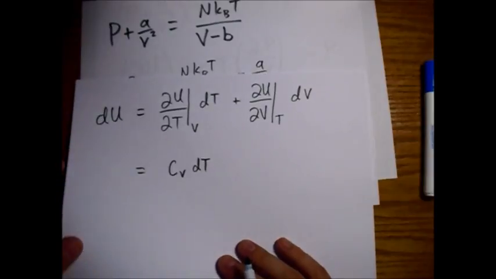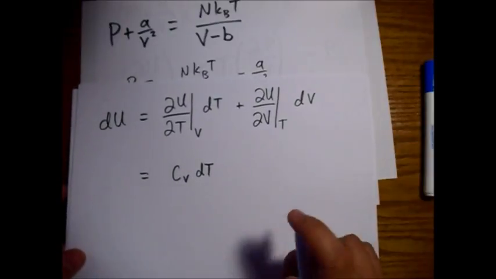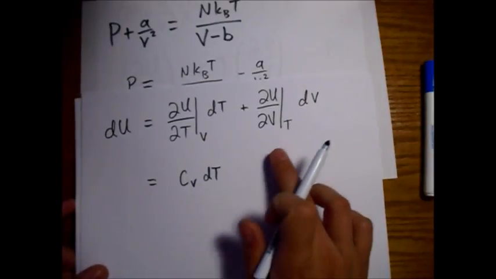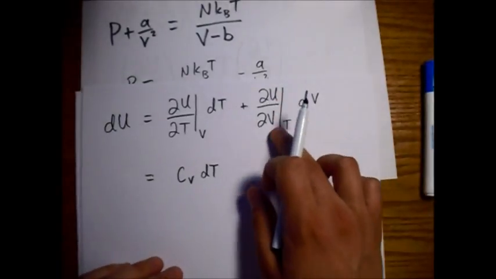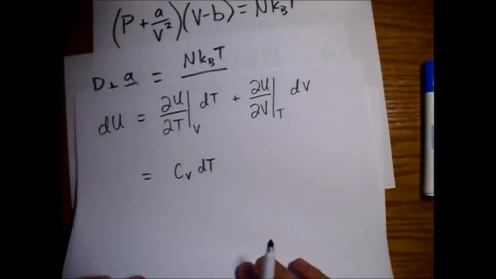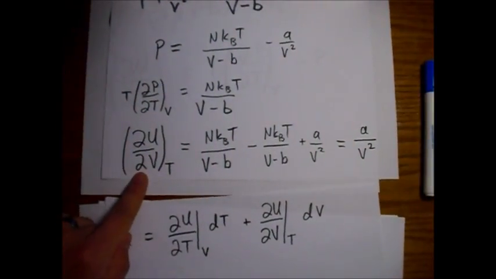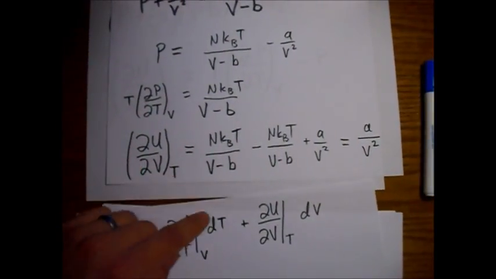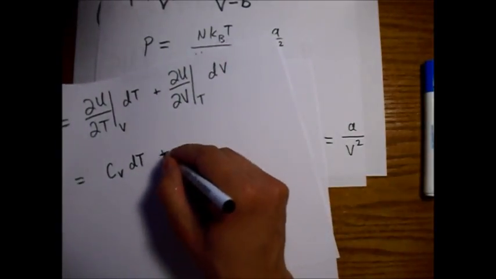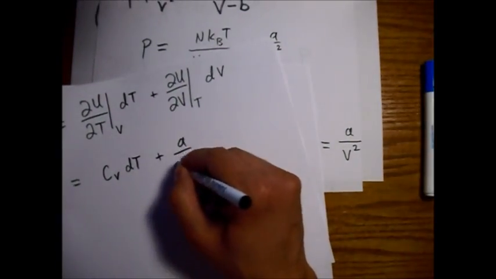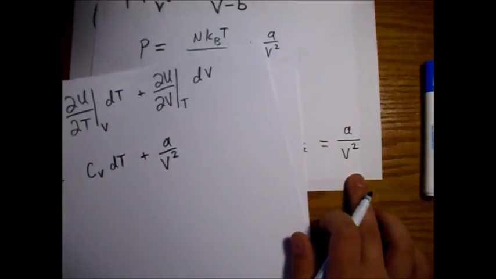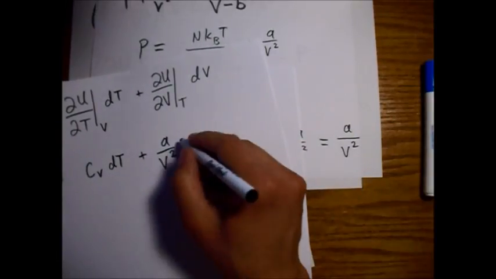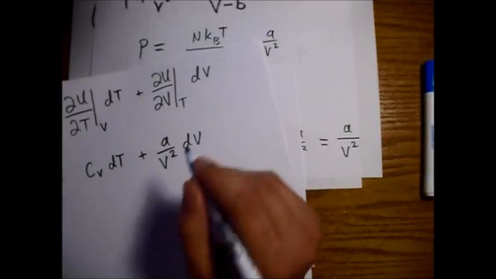And look what we have over here: this is dU by dV at constant T, and that's what we solved for in part A. So we can just plug in A over V squared from what we solved before, dV.